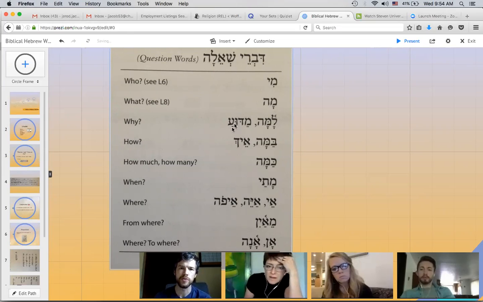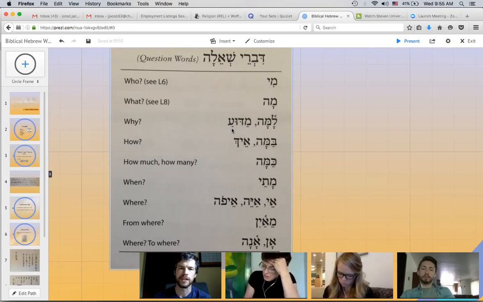And we essentially have 2 vowels in a row. Madua. Right? So that's a furtive patak. You pronounce it before the consonant that it comes under. And that's why it's kind of justified to the right a little bit. You'll only find it underneath gutturals. It will not be found underneath any other letters.